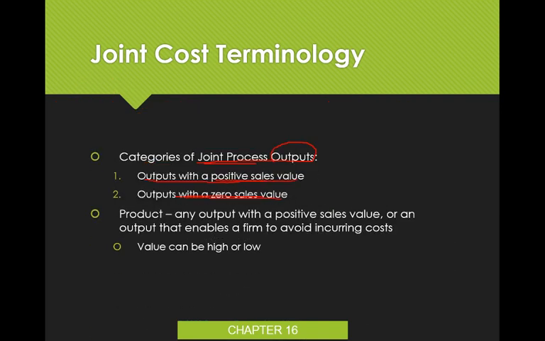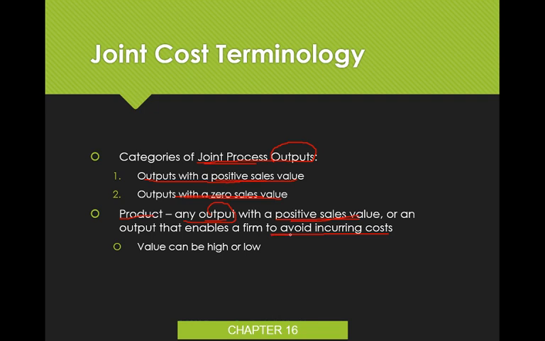Any output with positive sales value, we call it a product. Or an output that enables a firm to avoid incurring cost. Mainly any output with a positive sales value, we'll call it a product.